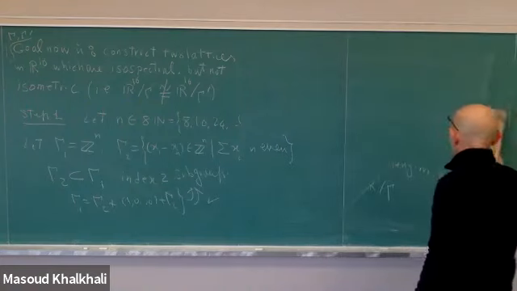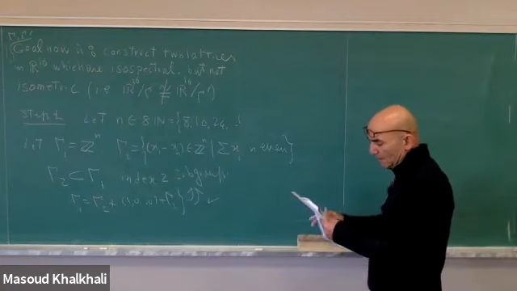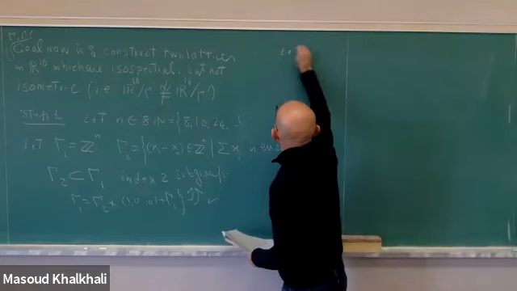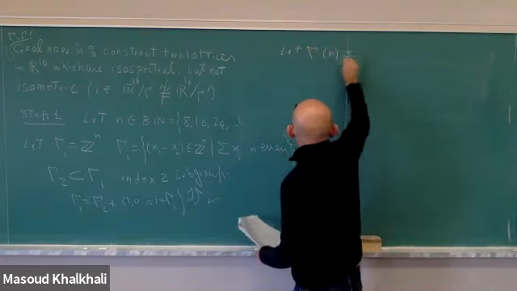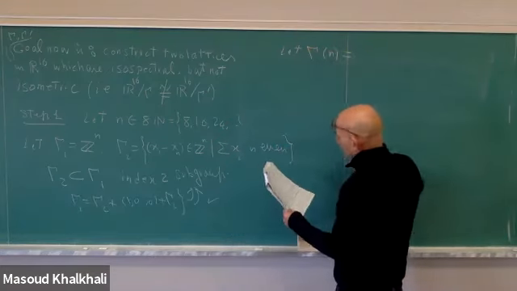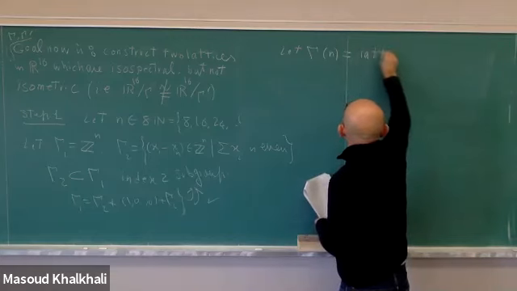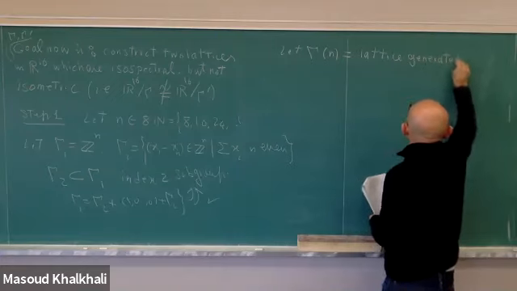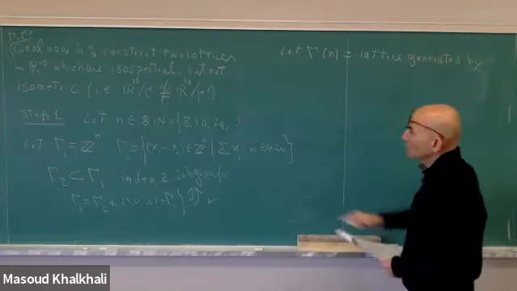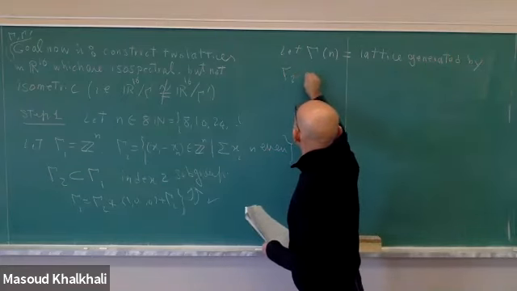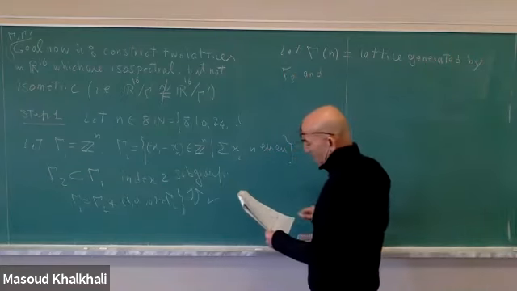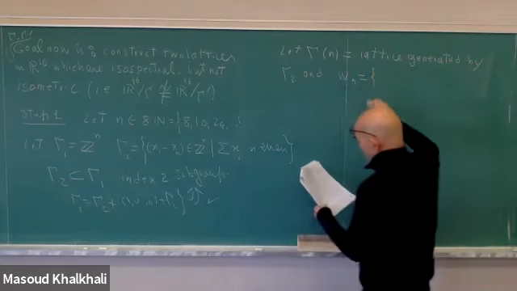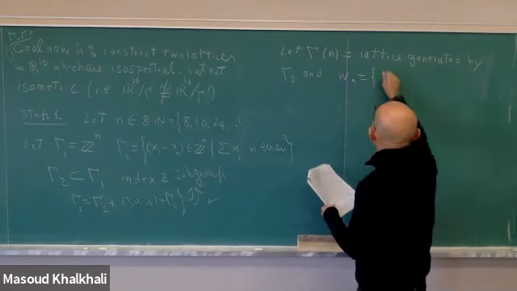And now, what is this gamma n? That's the main construction: let gamma n be the lattice generated by gamma 2 and this vector Wn, which is the following vector: 1 half, 1 half, ..., 1 half.